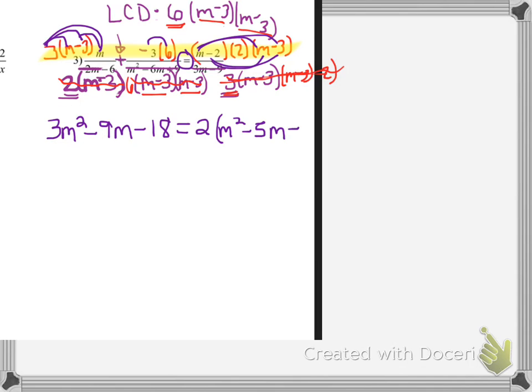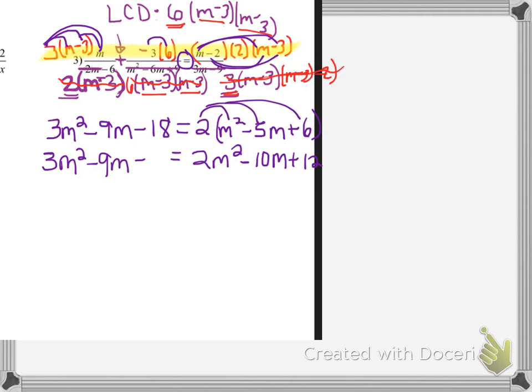Negative 2 and negative 3 is positive 6. But then I still need to distribute that 2 to everything. So it's going to be 2m squared minus 10m plus 12. The left-hand side is going to stay 3m squared minus 9m minus 18.